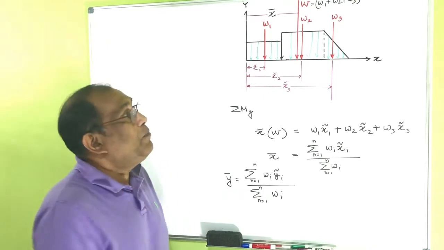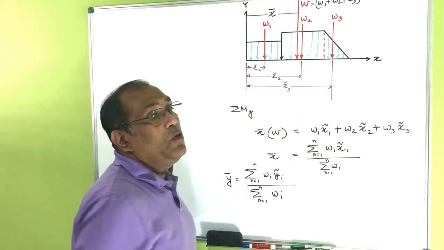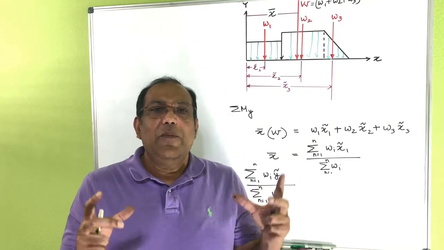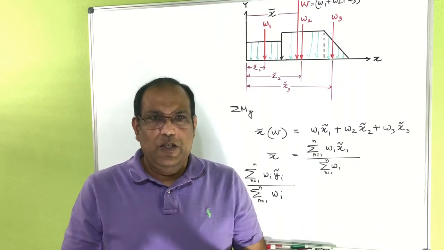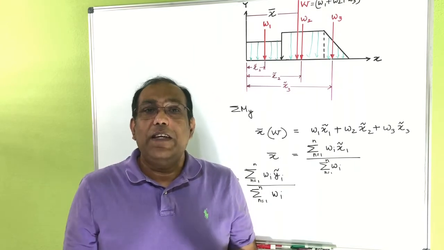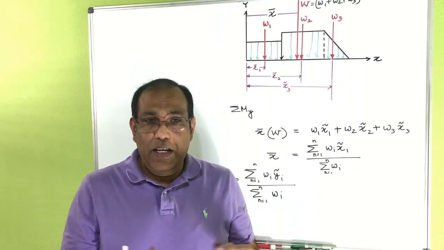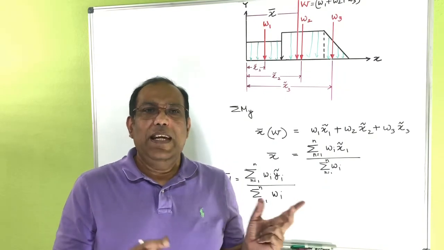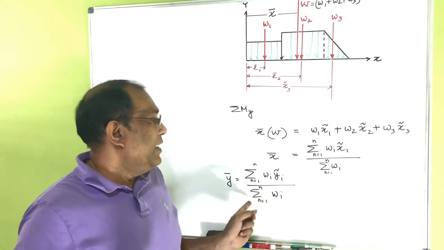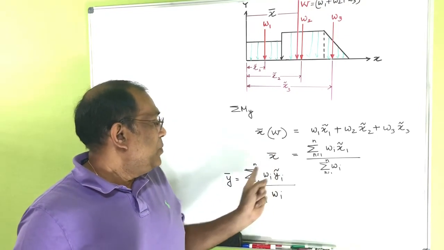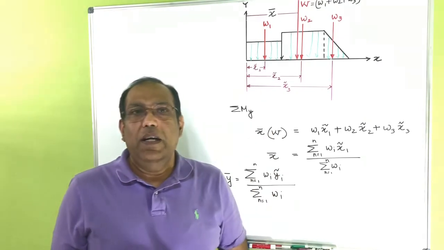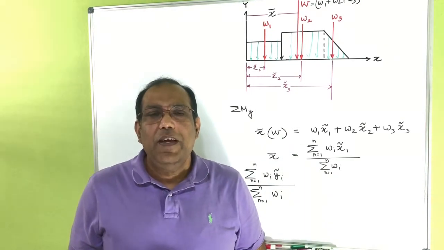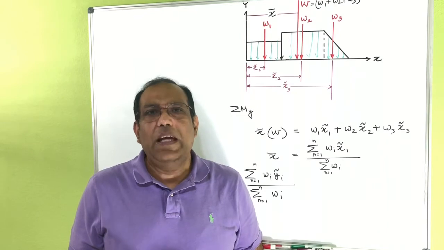First of all, we have to take a look at your composite body and see how many regular shapes I can combine it with. For each of the regular shapes, the location of the centroid is known. So I'll be able to find out the x bar and y bar of the composite body using this equation. Now let's see some examples.